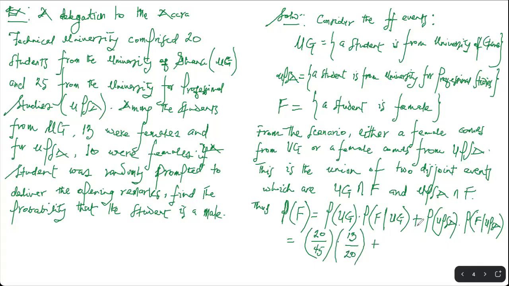On the other hand, let's take a look at the probability of being a student from UPSA. Going back into the scenario, there are 25 of them. Because there are 25 of them, the probability of coming from that institution will be the number 25 as a proportion of the total count of the delegation, right? So that will be 25 on 45.